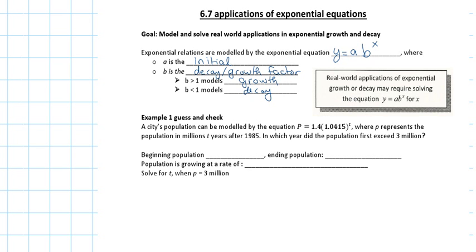What do I know? I know my initial population, which is what? 1.4. So if I look at my equation, this is my A value, which is 1.4 million.